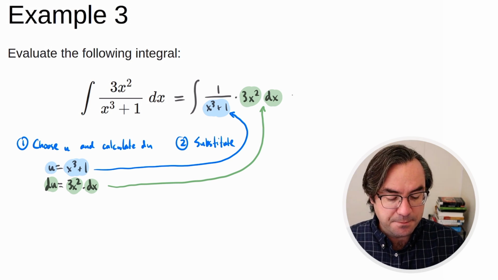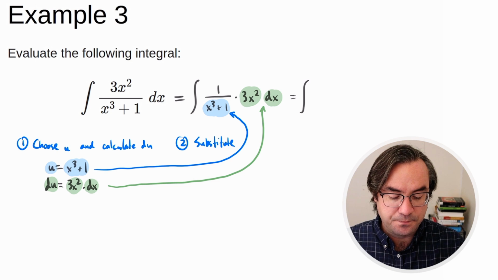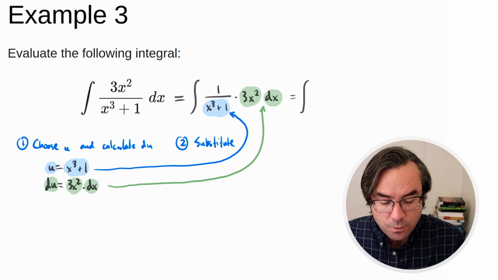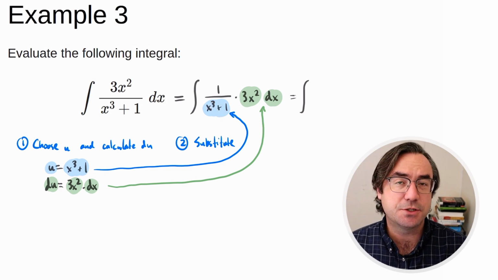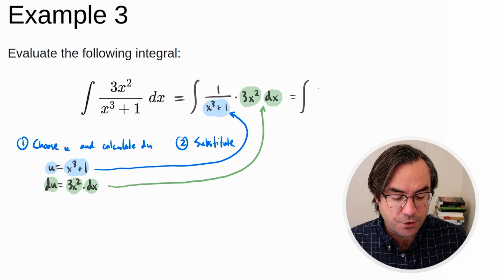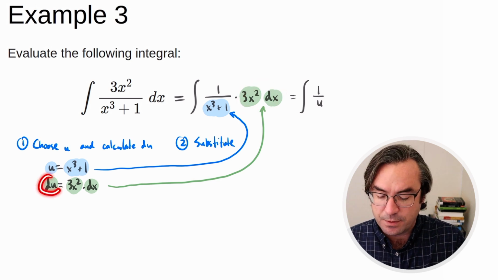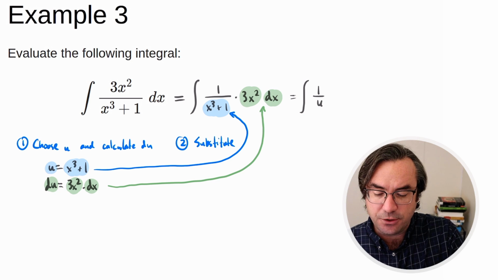And so when we do that, our integral, instead of the 1 over x cubed plus 1, we're going to change that x cubed plus 1 to just a u. So we're going to have 1 over u. And instead of the 3x squared dx here, we're going to replace that with our new differential, du.